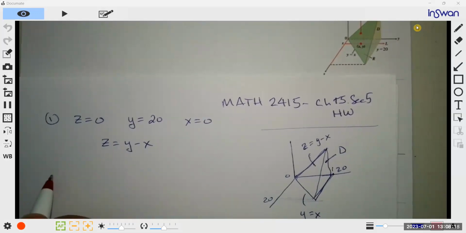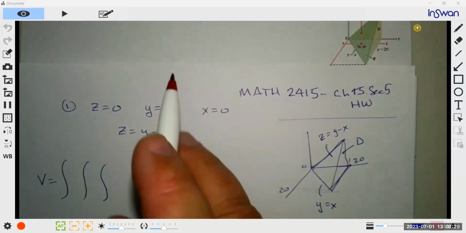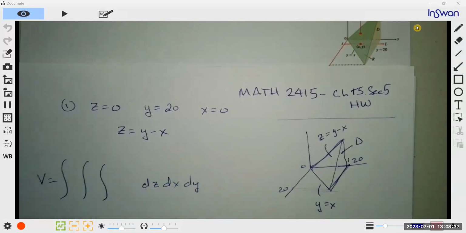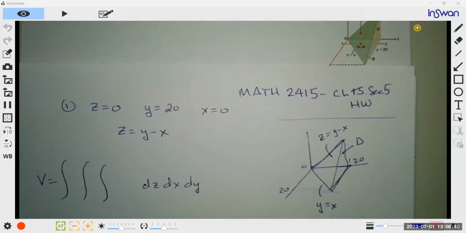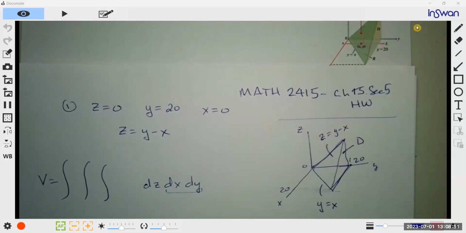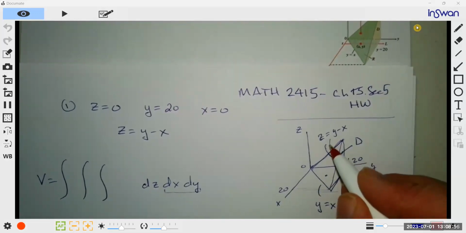Right, so now we're going to look at the bounds of integration. We want to know the volume. It wanted us to do dz, dx, dy. So what we have to do first is look at the shadow that's on the xy plane. From that plane, we do a vertical line.